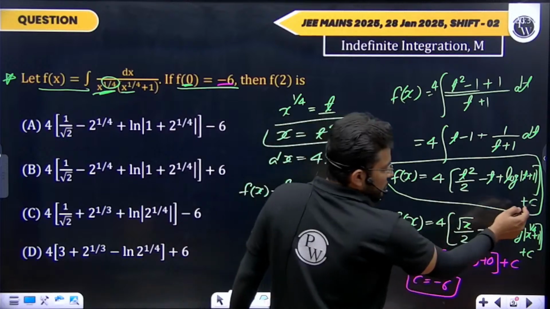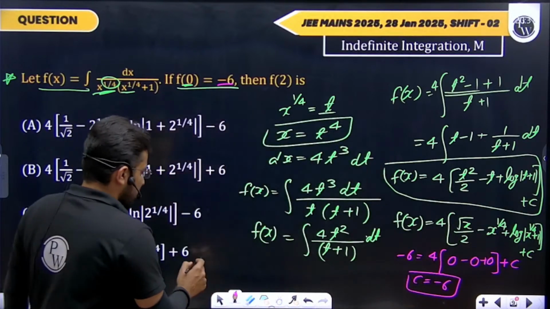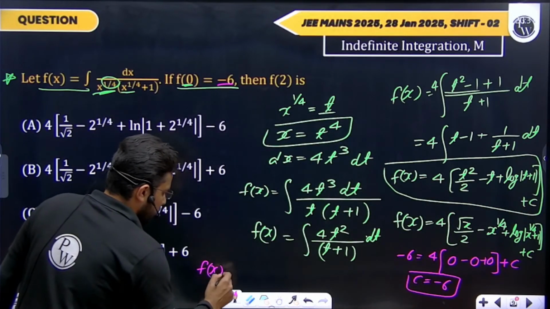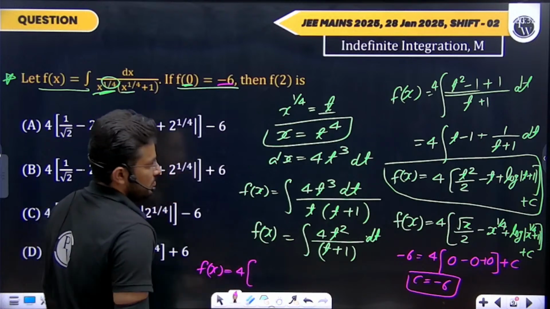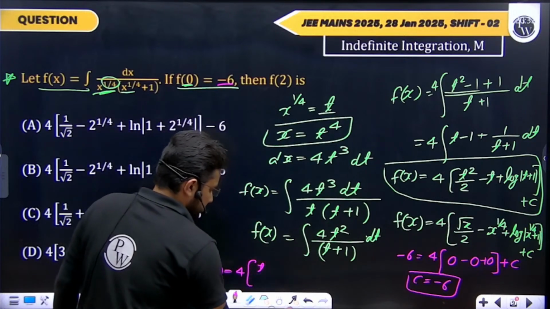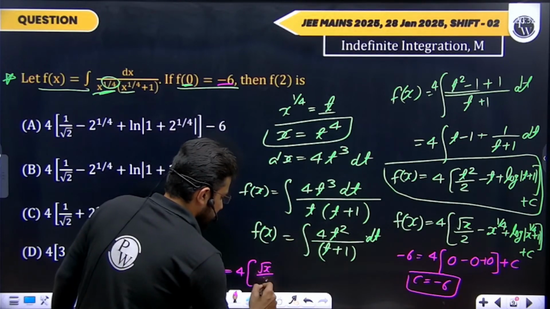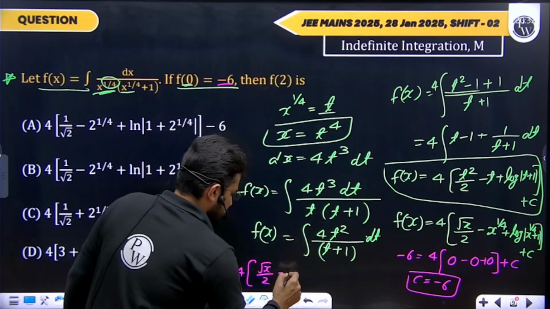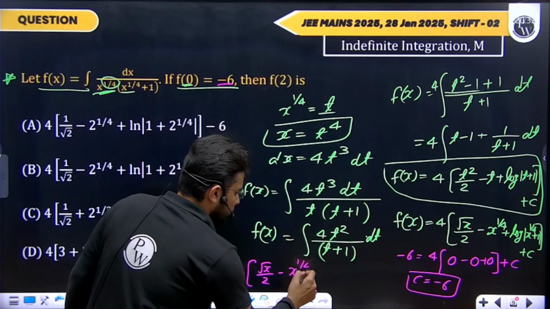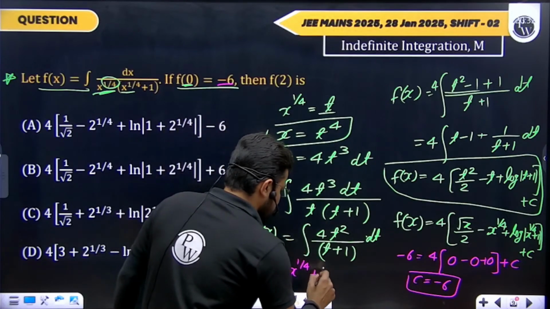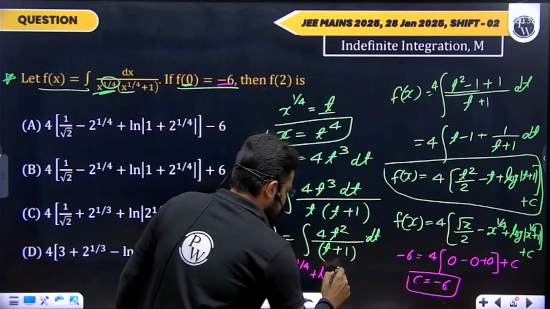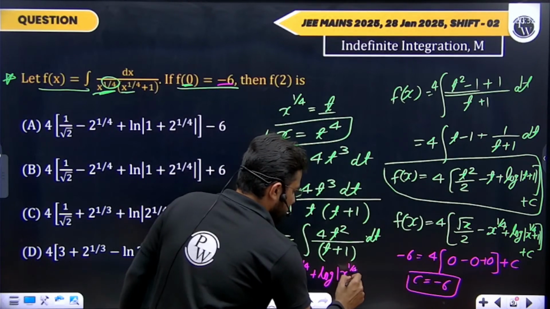If we put the value of c as minus 6, then f of x will become f of x equals 4 times root x by 2 minus x raised to 1 by 4 plus log of x raised to 1 by 4 plus 1.